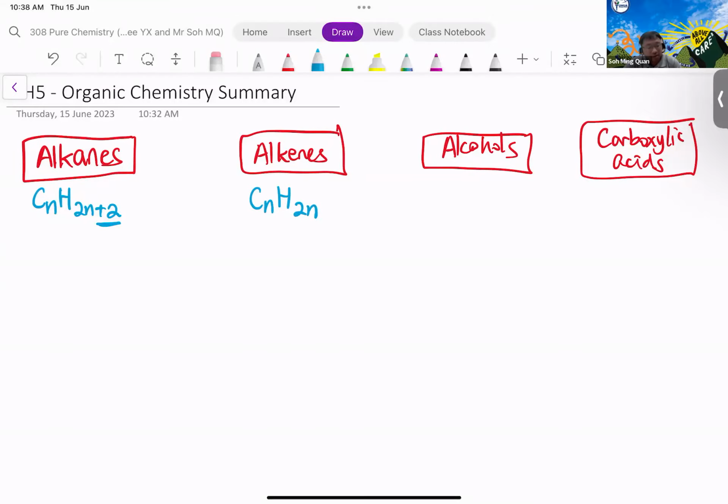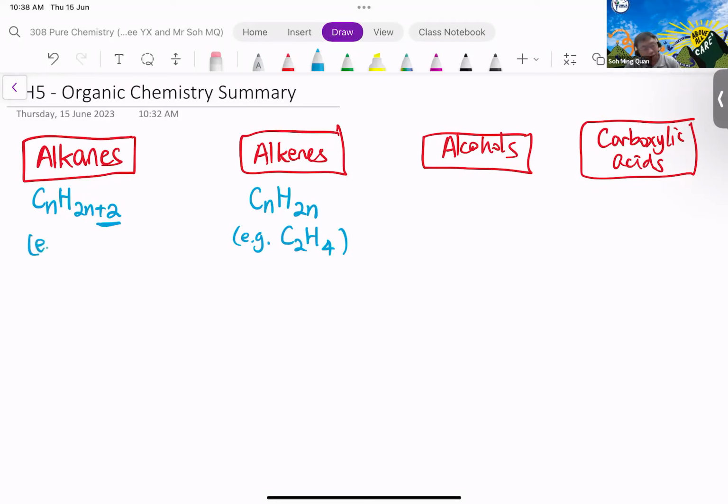For alkenes, you will notice that the ratio of carbon to hydrogen is 1:2, meaning you should have double the number of hydrogen compared to carbon. That tells you it's an alkene. If it's more than double that of carbon, then it's not an alkene, it's an alkane.